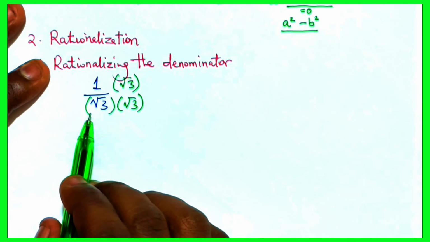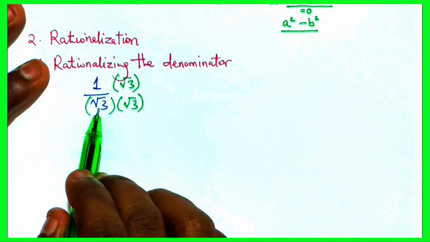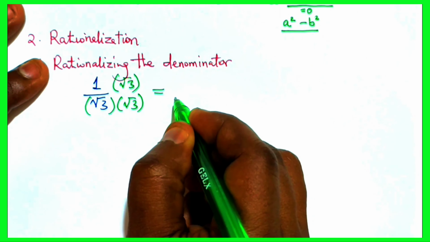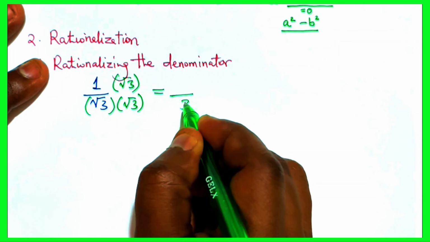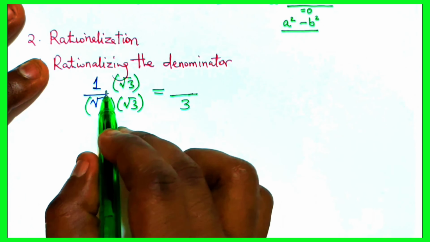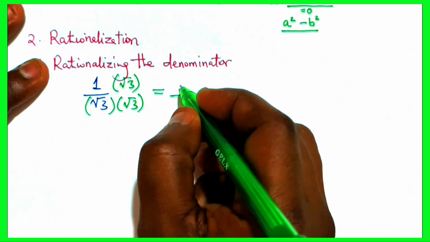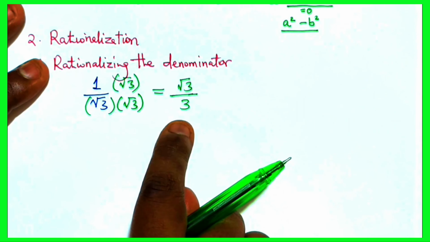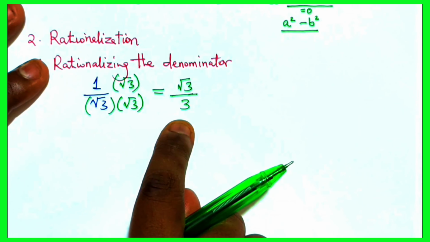And therefore, on the denominator side, when you multiply root 3 by itself, we end up having the denominator 3, which is a rational number. And on the numerator side, you are going to have 1 to multiply root 3, which will simply be root 3. And this is what we refer to as rationalizing the denominator.